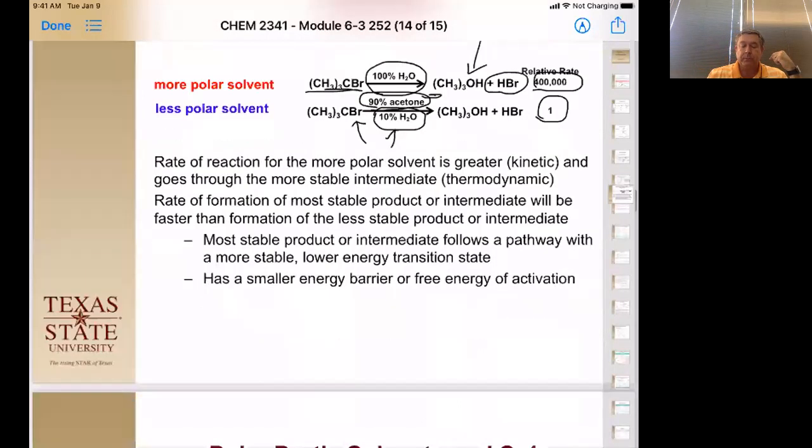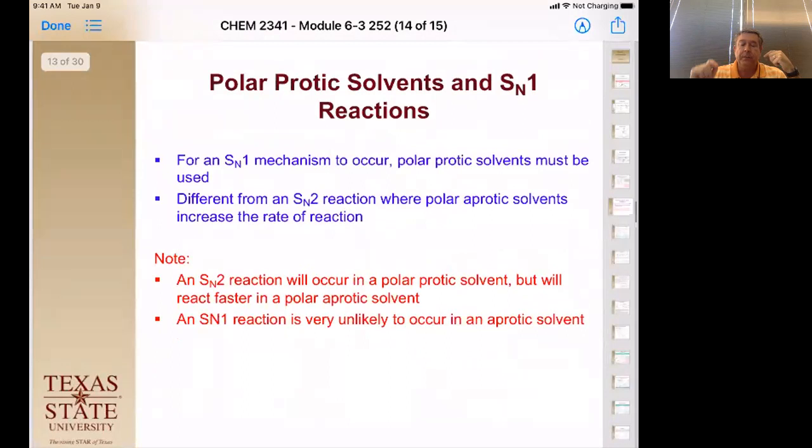All right. Okay, so our SN1 mechanism occurs in polar protic solvents. In fact, you almost have to use them. So this is something to pay attention to when I say, is this an SN1 or an SN2 reaction? Let's start looking for the solvents and the products. It's different from the SN2 reaction, where polar aprotic solvents increase the reactivity.